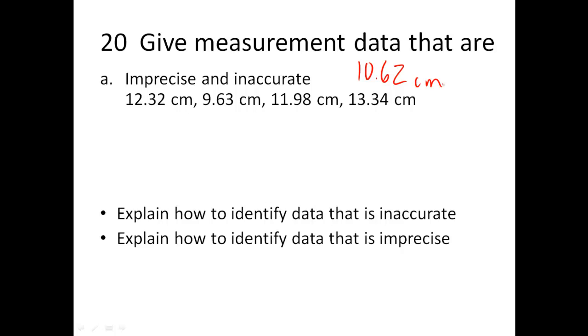And we see here that this particular set of measurements jump from this low to this really high value, and so they are not precise. Precision indicates that we're using a precise instrument that measures consistently. That would be precision. These are not precise, they're not consistent, and they're inaccurate because they're nowhere close to 10.62.